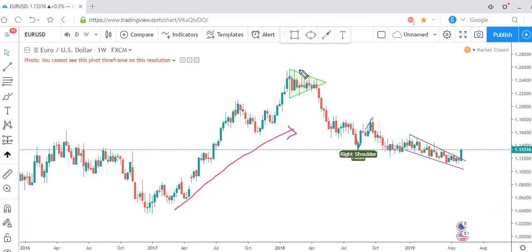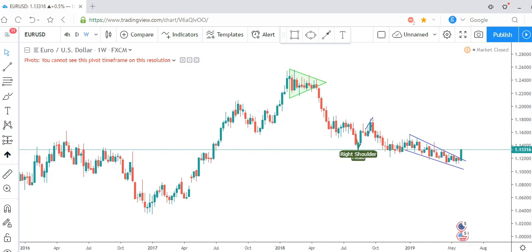Price is moving on a downtrend here. It's not really moving downwards, rather it's correcting. Why I'm saying that is because I'm not seeing a series of lower highs and lower lows. I'm just seeing the market being a bit choppy. So this is a correction for me.